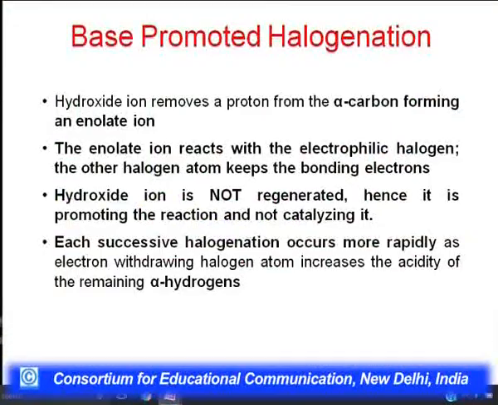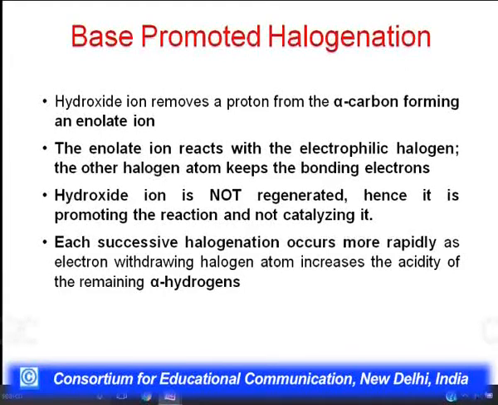So now when we talk of base promoted halogenation, what you have to remember is that the reaction will be started with OH. OH removes a proton from the alpha carbon, forming an enolate ion. Now this enolate ion will react with the electrophilic halogen, and the other halogen atom will keep the bonding electrons.